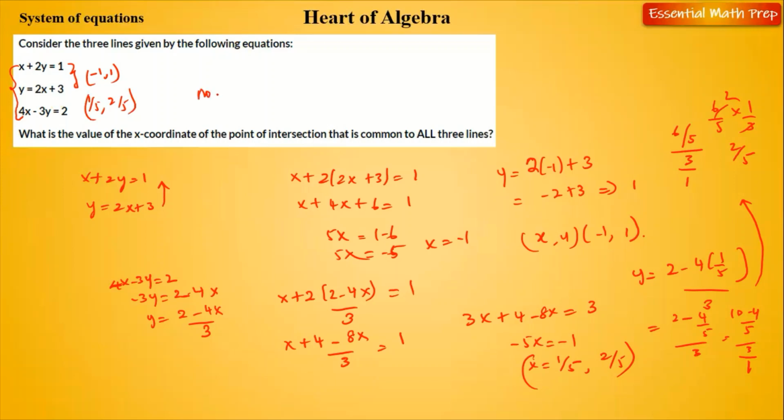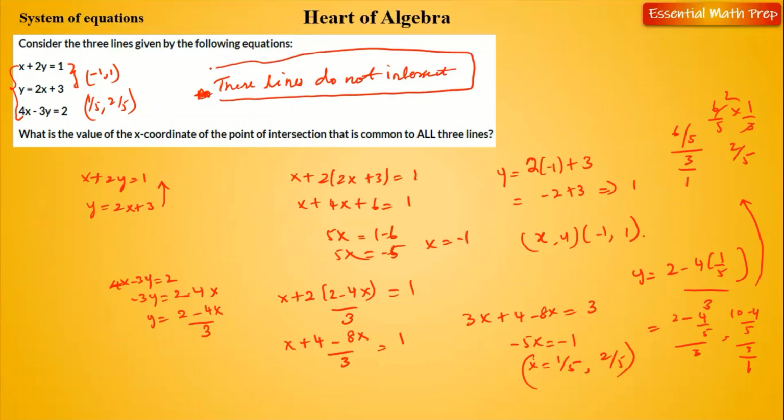In other words, these lines do not intersect. If two lines intersect, then they have a common point of intersection. Because these two xy value pairs are different, these lines do not intersect.